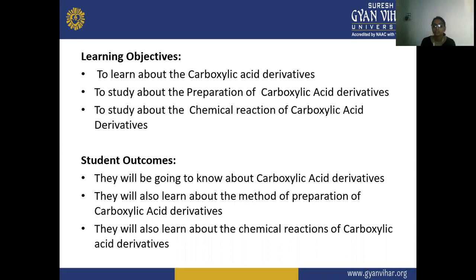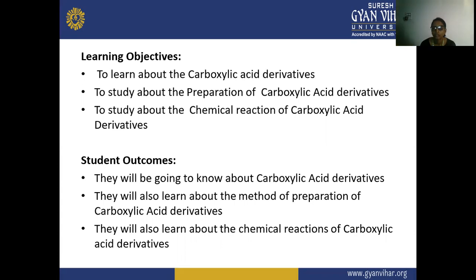In the last lecture, I already told you the physical properties of these carboxylic acid derivatives, what comes under the carboxylic acid derivatives, and the methods of preparation. A few of them were discussed.